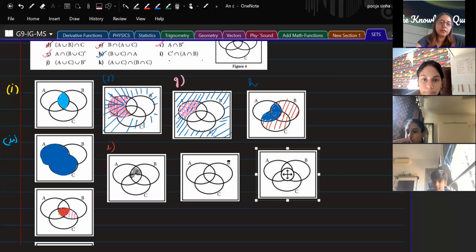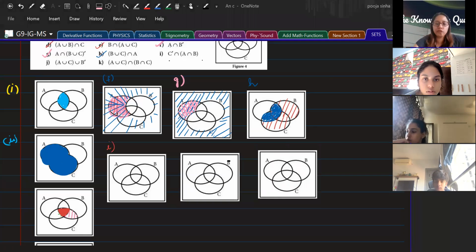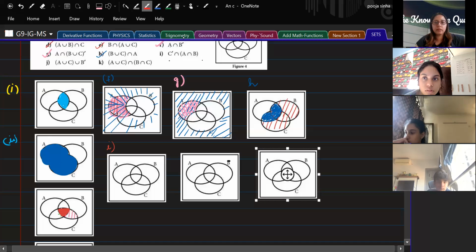One second. I'll do it. What is C complement? Don't we have to do the brackets first? That's okay. Do both and then the final answer.